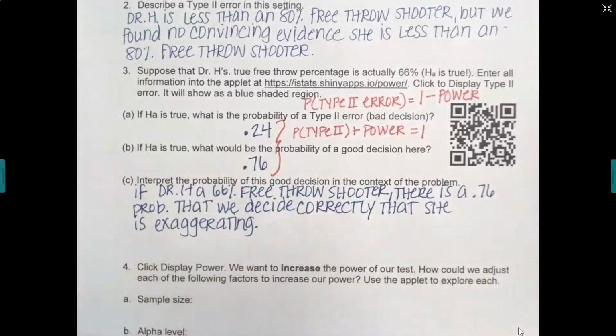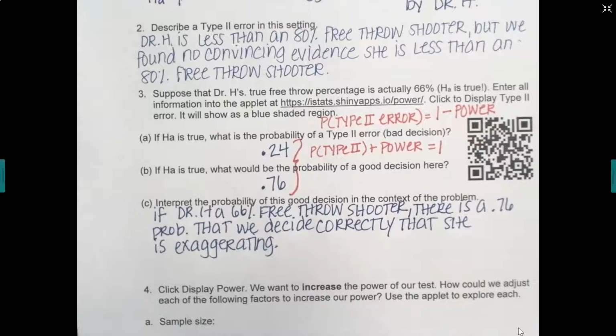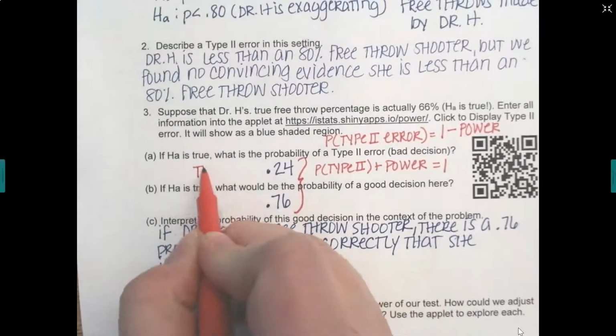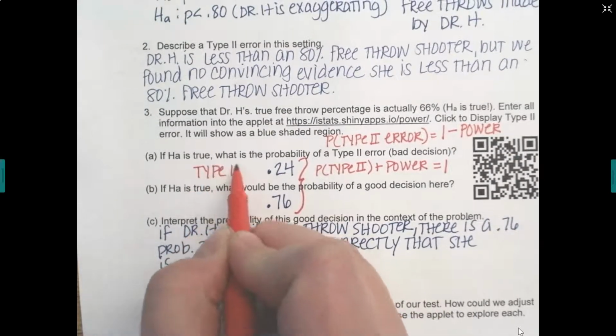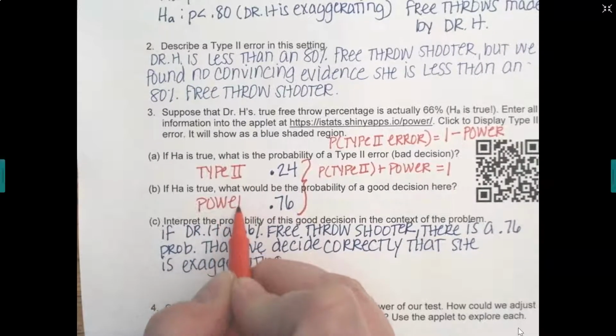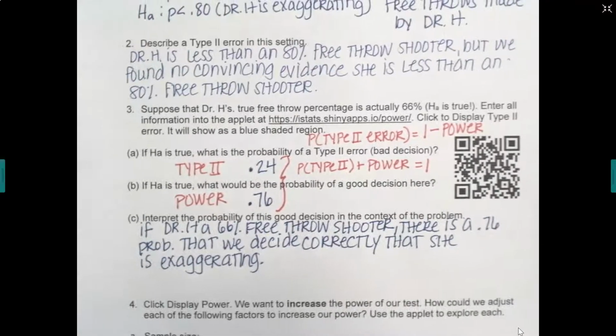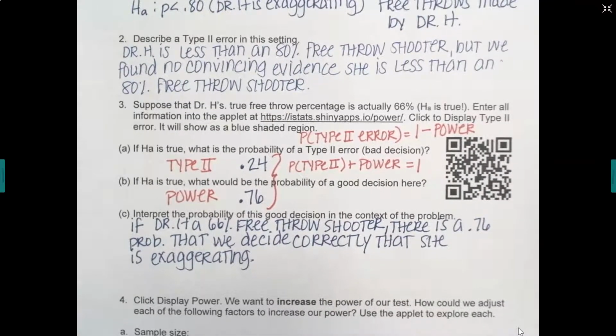Okay, let's break this down a little bit. So we have our type 2, and we have power. Power is how clearly you are seeing what's really happening. How well does your test pick up little tiny differences?